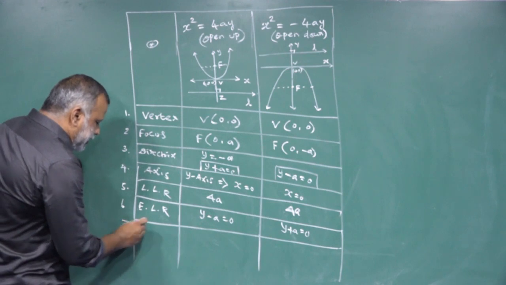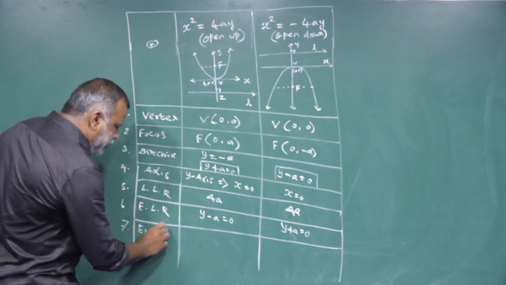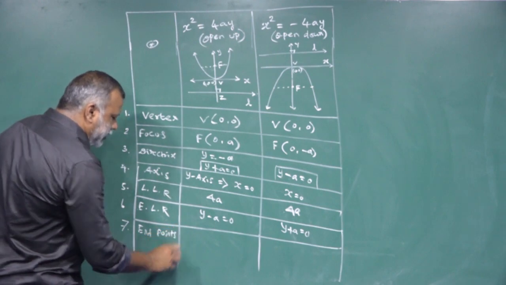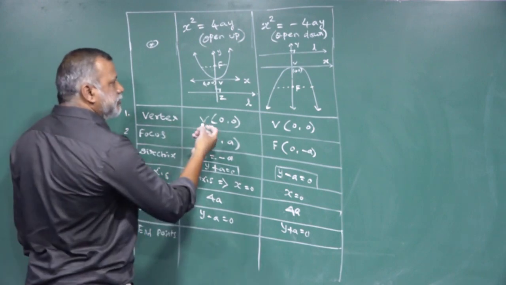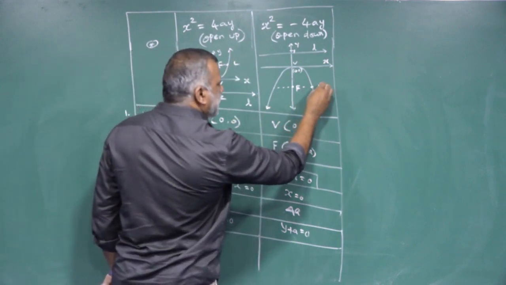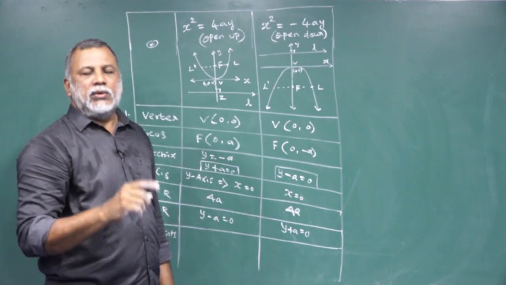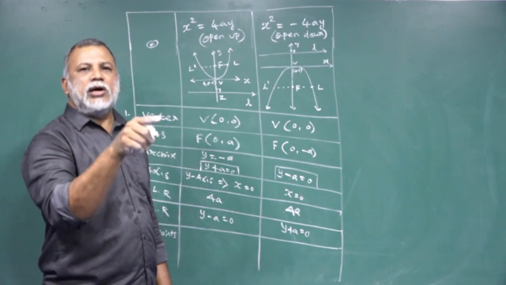Now for the 7th, end points of the latus rectum. See the end points of the latus rectum. Already explained. Here L, L dash. When compared with type number 1, what is your type number 1? (a, 2a).